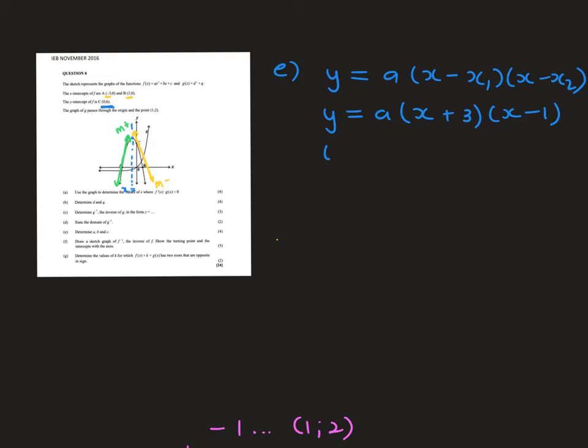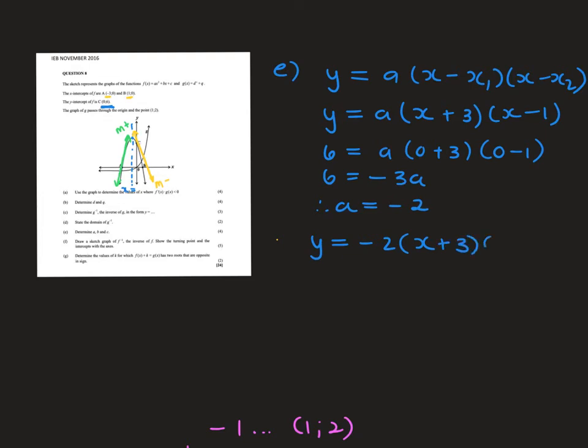y-intercept. So 6 will be equal to a(0 plus 3)(0 minus 1). So 6 will be equal to 3 times negative 1 times a, which is negative 3a. So a will be equal to minus 2, which looks great because it's an arms-down parabola, so I want a to be negative. All right, but that's not my final answer because I need to expand these brackets and then distribute the negative 2.